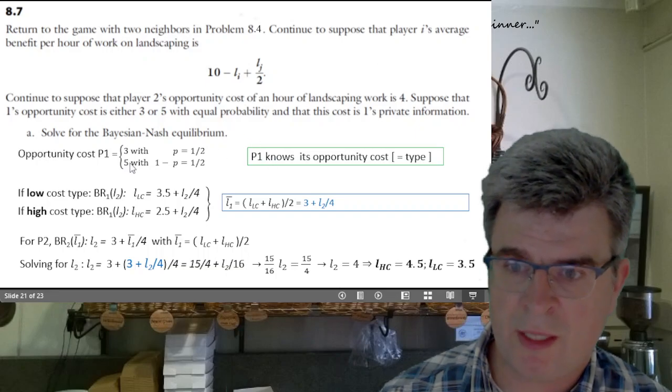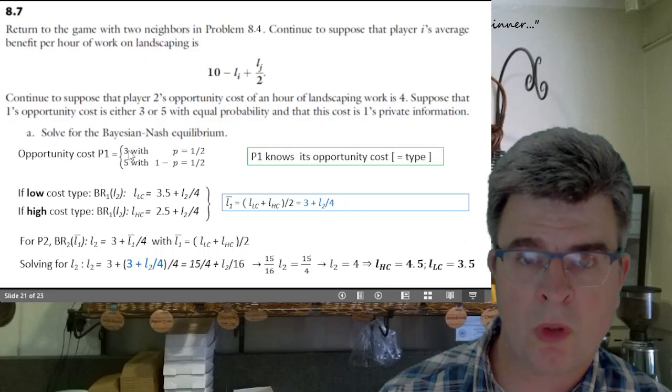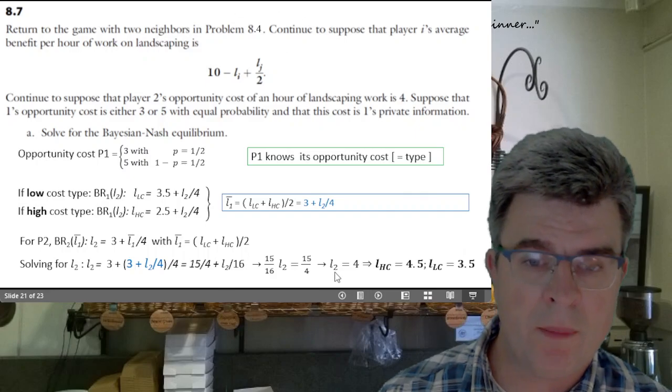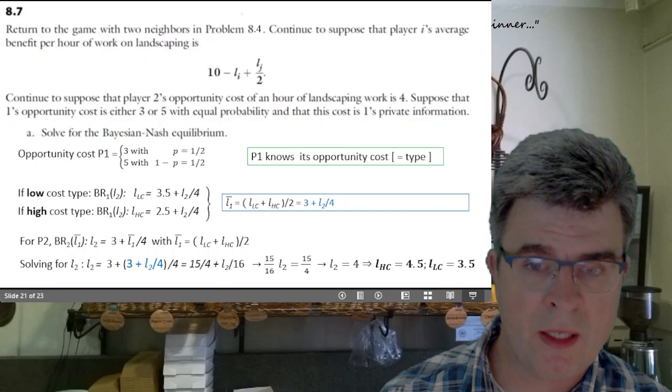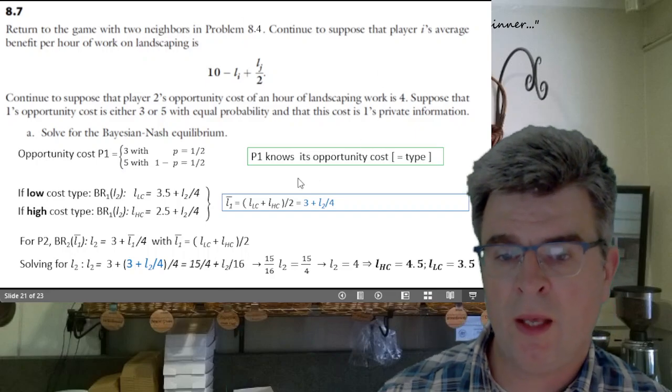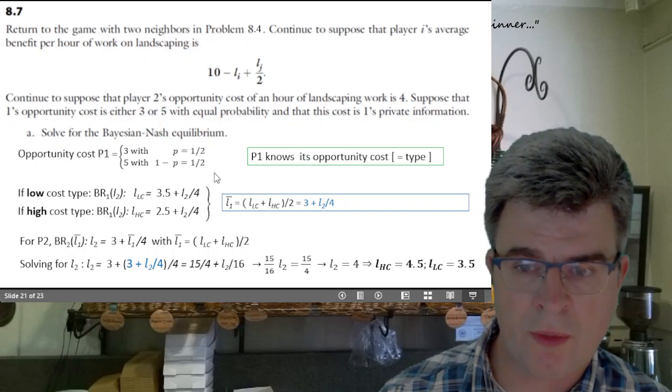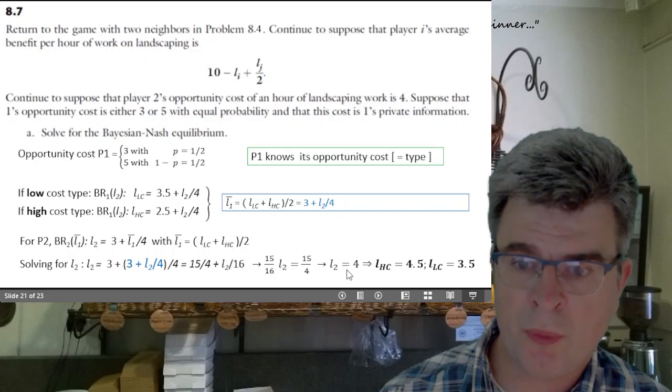But okay, given these probabilities and the possible cost types of the neighbor, neighbor 2 in equilibrium will make an effort level of 4, and neighbor 1 knows that neighbor 2 will do this.